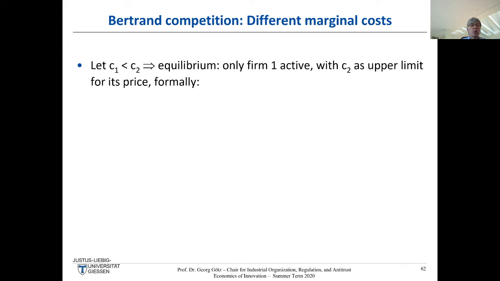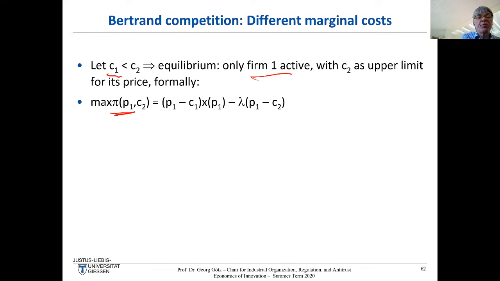And if you start out having the same cost as your rival to begin with, what happens if you, as company one, are able to reduce your costs below the level of firm two? Okay, and now how does the equilibrium look? It's very straightforward. Only firm one, only the efficient firm will be active, and C2 is what we call a limit price.